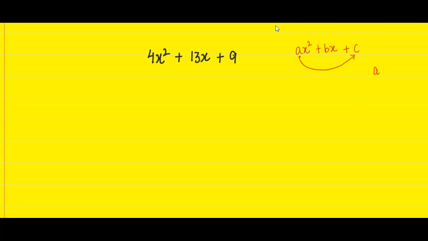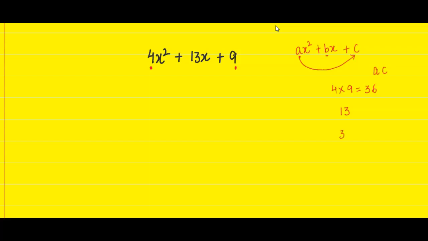So we take ac, and we have to split it in such a way that the sum is b. So let's do this one. The coefficient of the first term is 4 and the last term is 9. So we get 4 times 9 which is equal to 36. We have to split 13 in such a manner that the product of its addends is equal to 36.